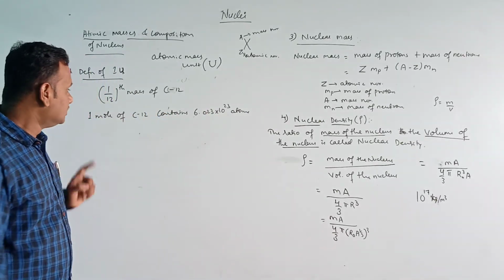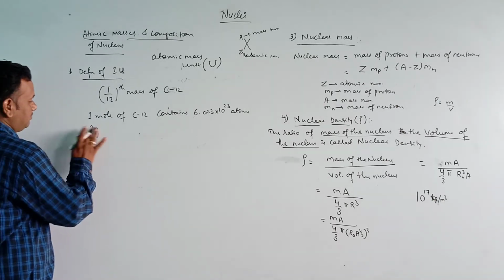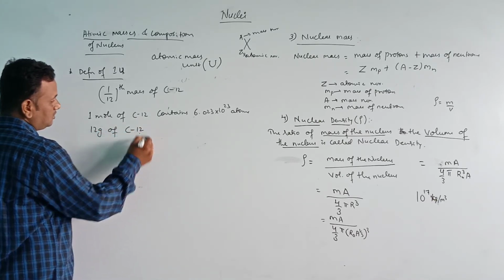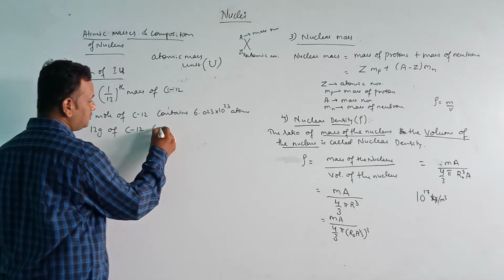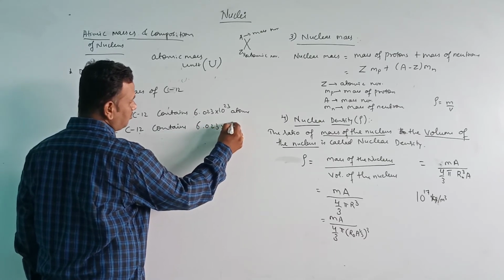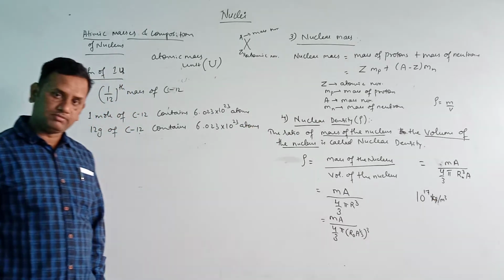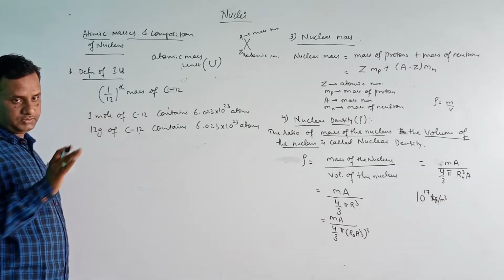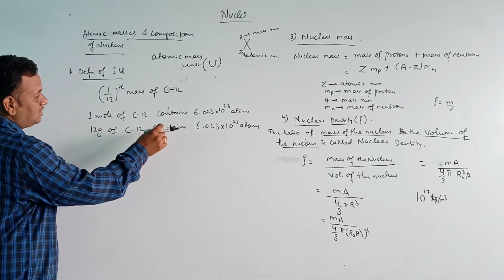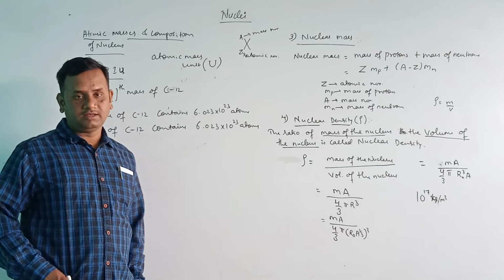Here I have taken it in terms of gram, so 12 gram of carbon 12 contains 6.023 into 10 to the power of 23 atoms.